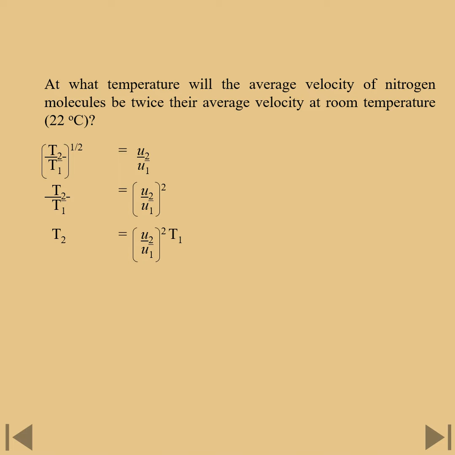And here's T2 isolated. And even though we don't actually have the velocity of these two gases, we have their ratio, a 2-to-1 ratio. So essentially we have 4 times the absolute temperature in kelvins for 1180 kelvins.